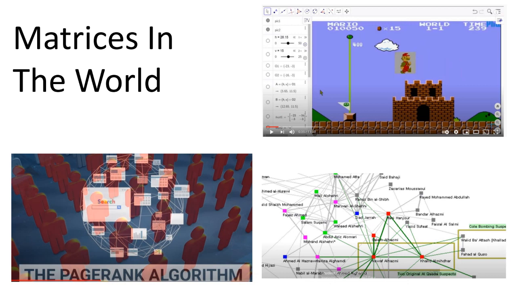Okay, so why are matrices important in our world? If you are in computer science, you use matrices quite a bit. For example, a lot of us used to play video games, or we still play video games. Whenever Mario, in this picture here, jumps or runs or walks backward, all of that in the background is using matrices.